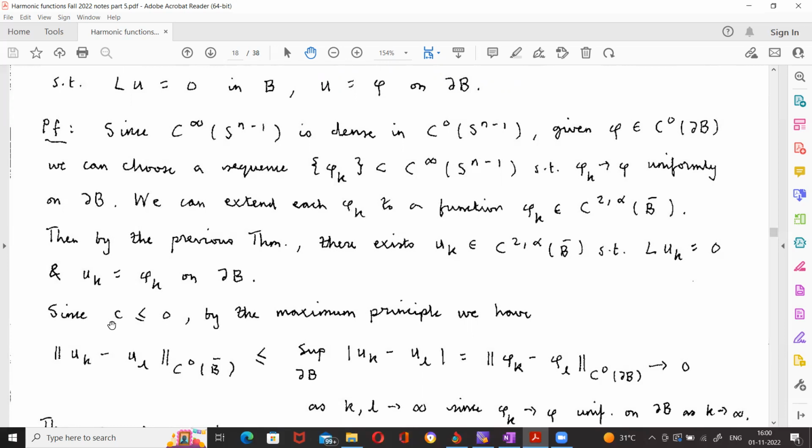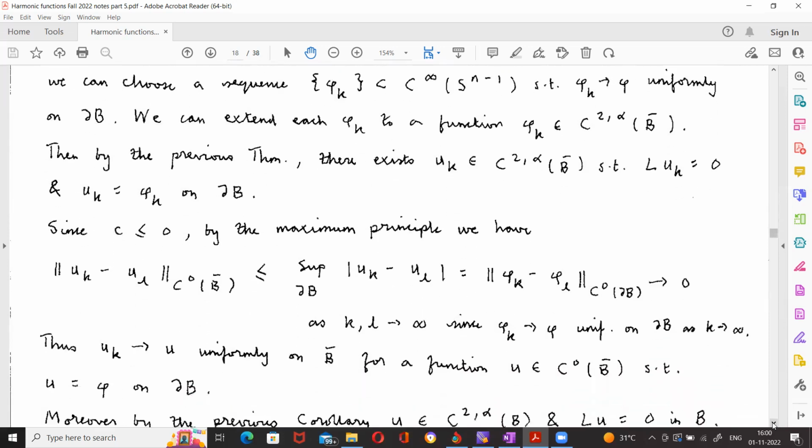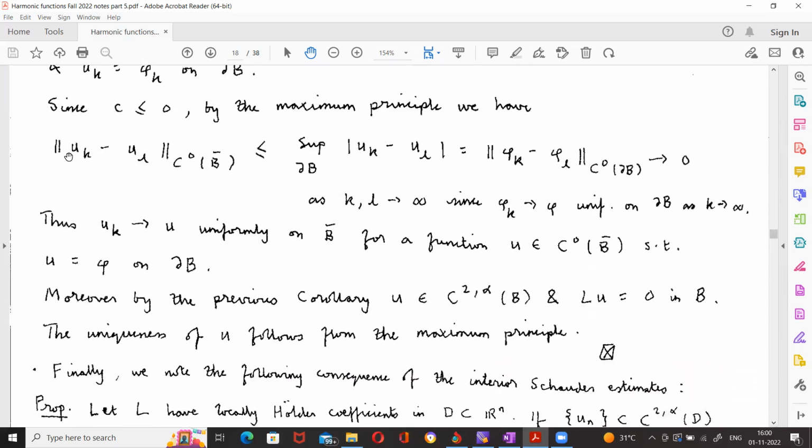And since c is less than or equal to 0, by the maximum principle, the sup norm of u_k minus u_l on the closed ball is less than or equal to the sup of u_k minus u_l on the boundary. And on the boundary, this is equal to the sup norm of phi_k minus phi_l.